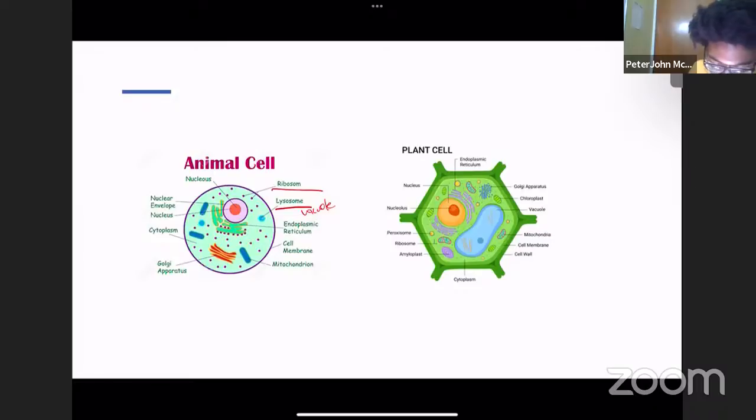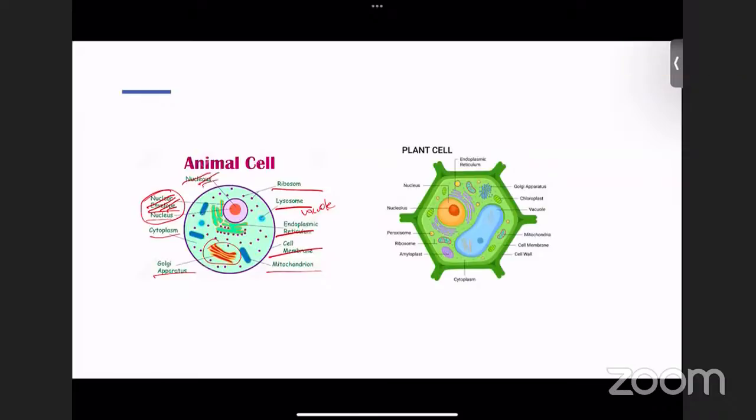And there is endoplasmic reticulum, if they ask about that. The cell membrane, the mitochondria, the Golgi right here. Cytoplasm, nucleus, nuclear envelope. Forget about this word. Just focus on nucleus. Cool?